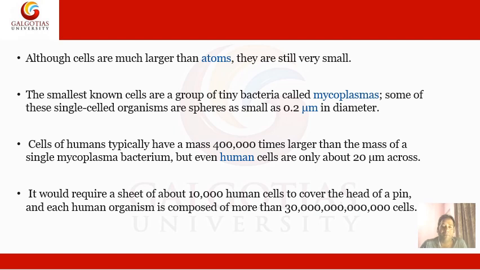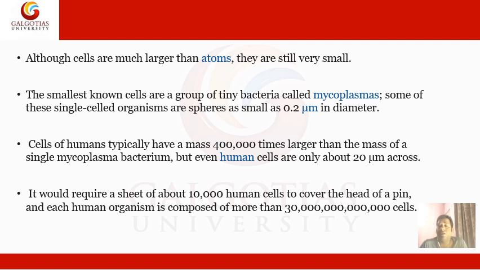up to 10 micrometer. Now if we see the human cells, they are around 400,000 times larger than the mycoplasma bacterial cell, or human cells are roughly around 20 micrometer.